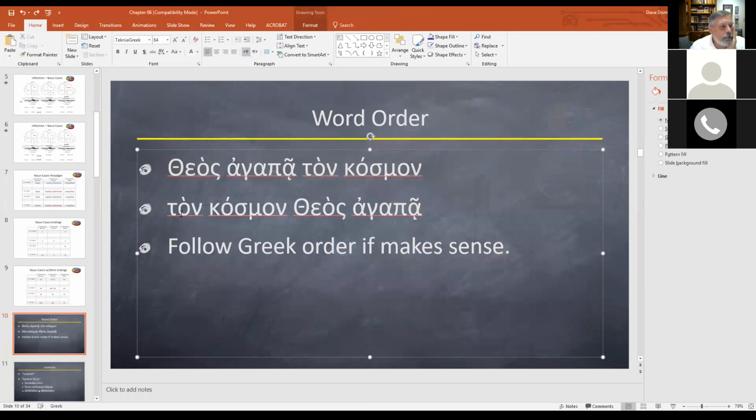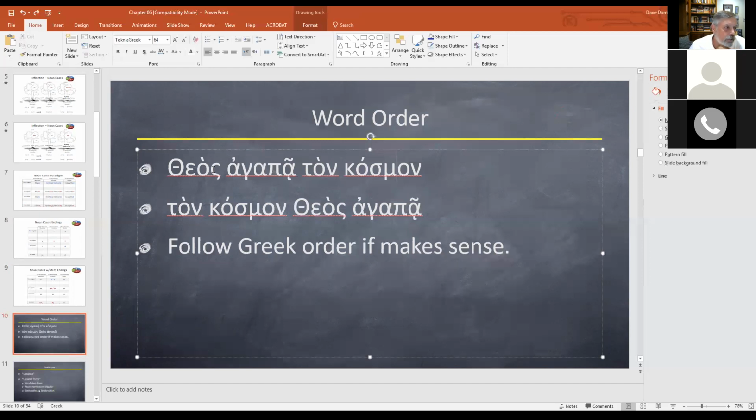Well, here is the exact same sentence. It means the exact same thing, but it's written in a different order. Ton cosmon theos agape. In Greek, the word order doesn't tell us the meaning, okay? The word order can give us emphasis and some other things, but it does not tell us the meaning.